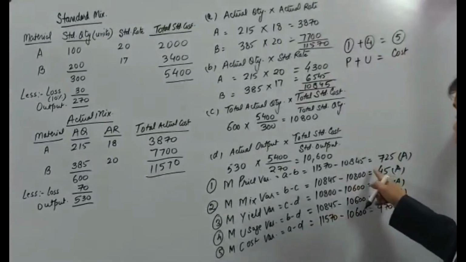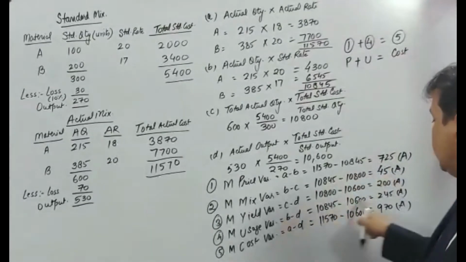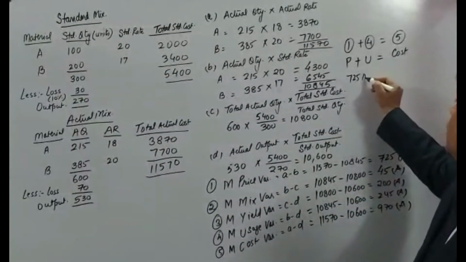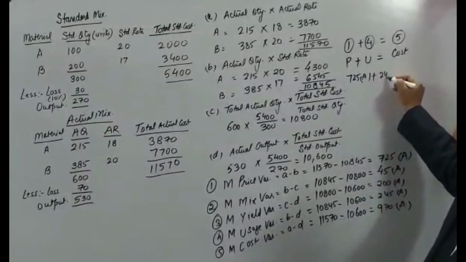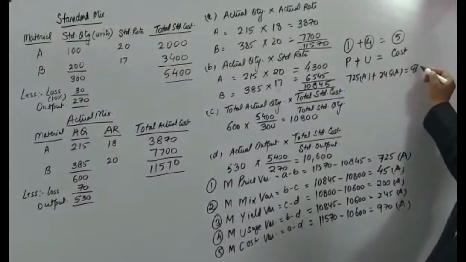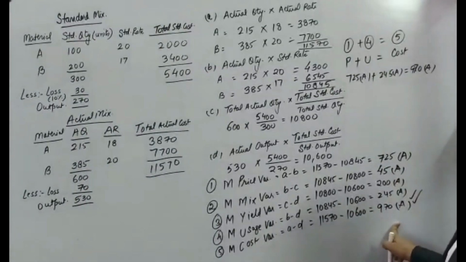In our case, the price variance is 725 adverse and the usage variance is 245 adverse, which means 725 adverse plus 245 adverse gives you 970 adverse, which is correct. We have calculated the 970 only.